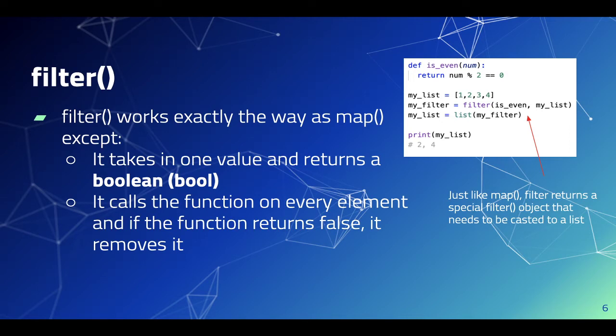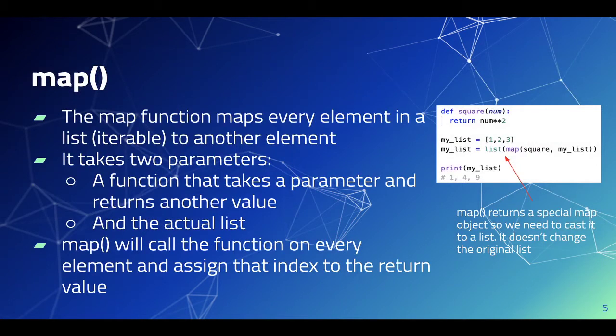What filter does, just like map, is go through the iterable and perform the function passed in on every element. So we have 1, 2, 3, 4, and it performs is_even on every element. But the key difference between map and filter: map returns everything, the same size.